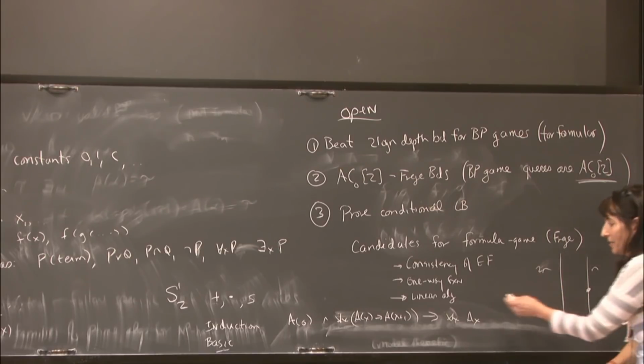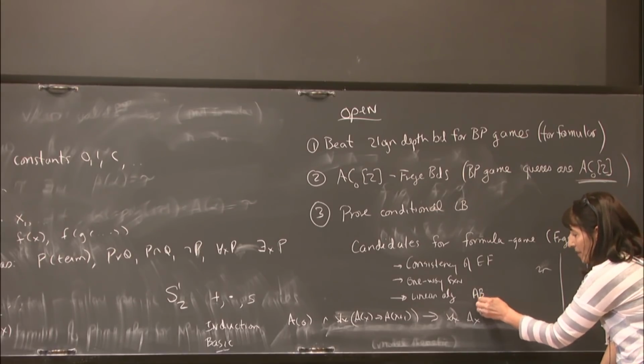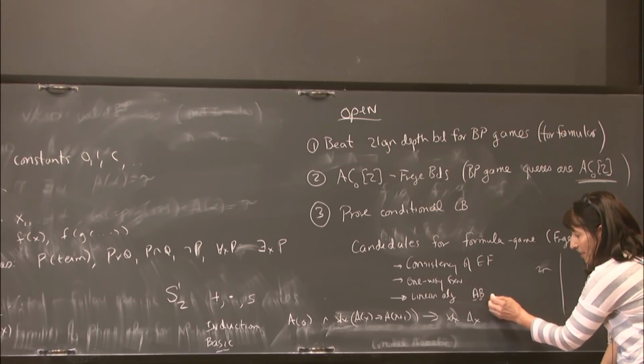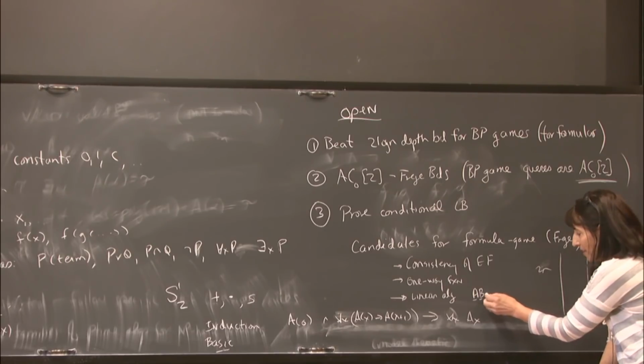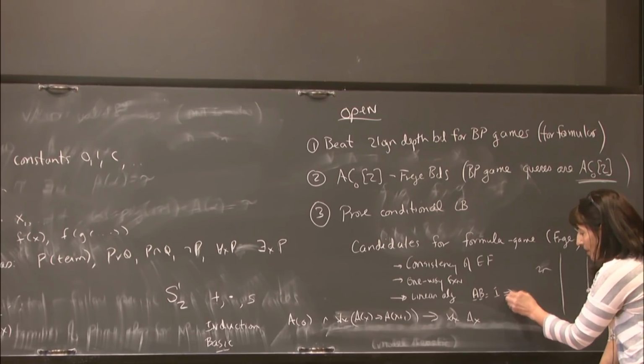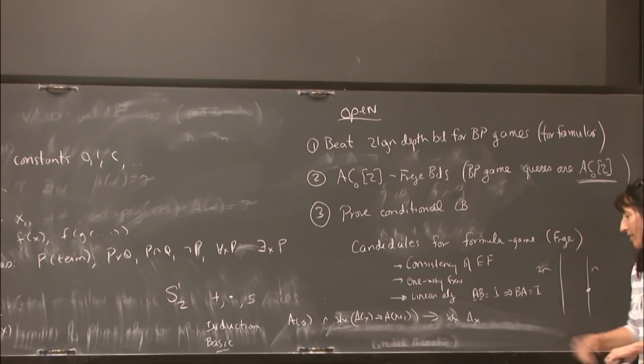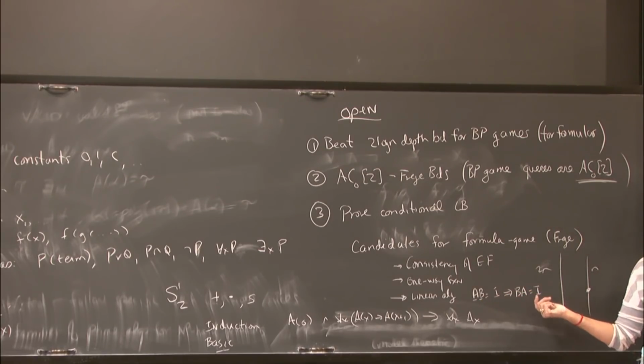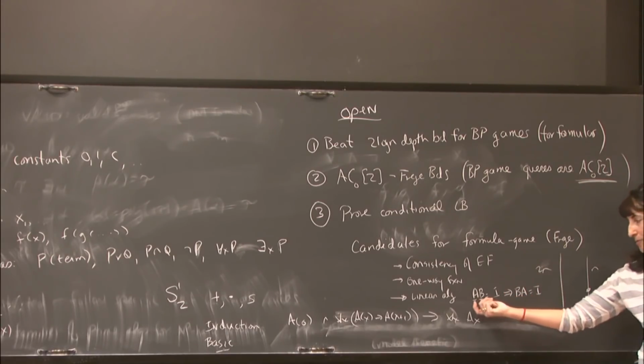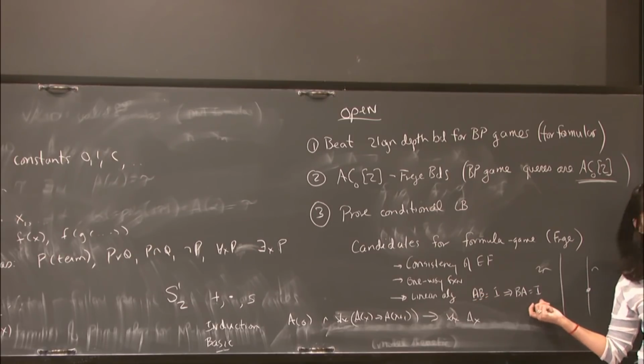So for example, take a matrix A and a matrix B, both n by n, and say if AB equals I, then BA equals I. I'm thinking of this over mod 2. So here's a simple example of something you can write down as a tautology. You have variables for all the matrix entries.